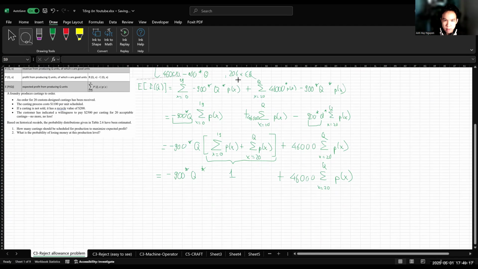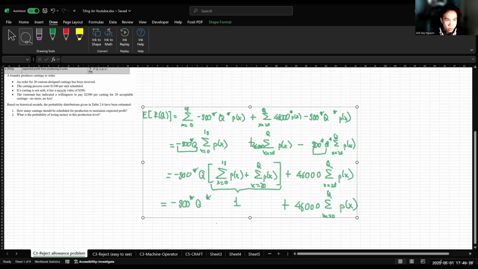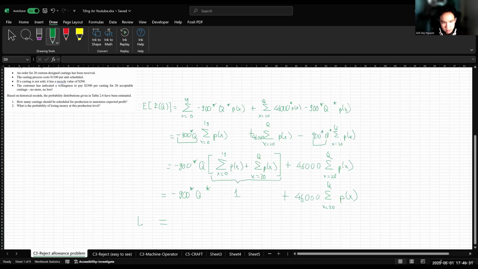So finally we will have E, the expected profit to produce Q castings, equal to minus 900 multiplied by Q plus 46,000 times the sum of x from 20 to Q of p(x). So here is our last equation. Okay, I'll copy it here for you to see.